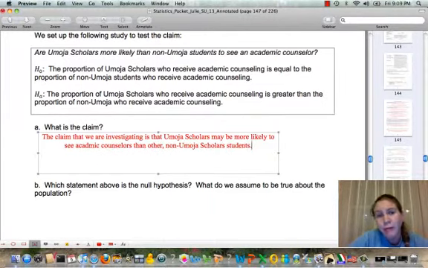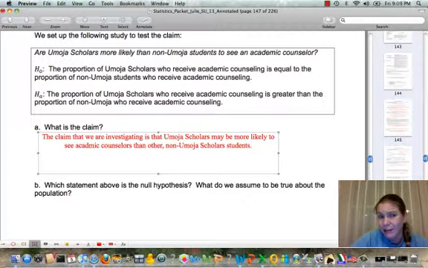So the claim that we are investigating is that Umoja scholars may be more likely to see academic counselors than other non-Umoja scholar students.